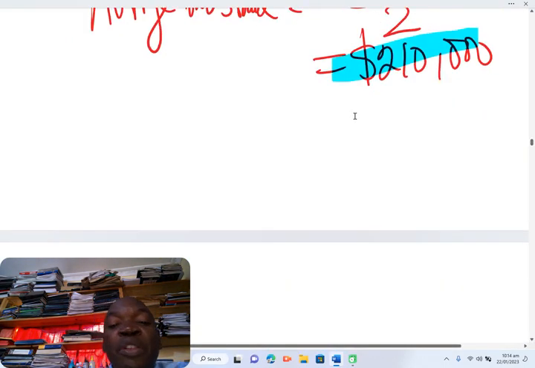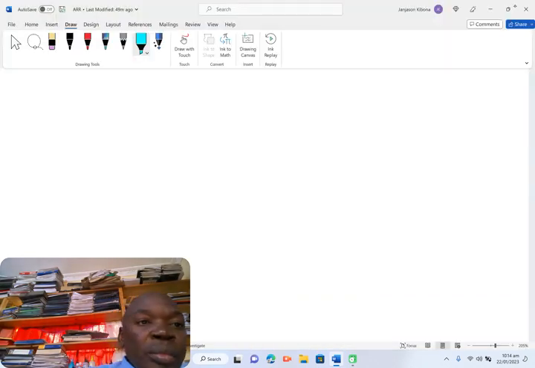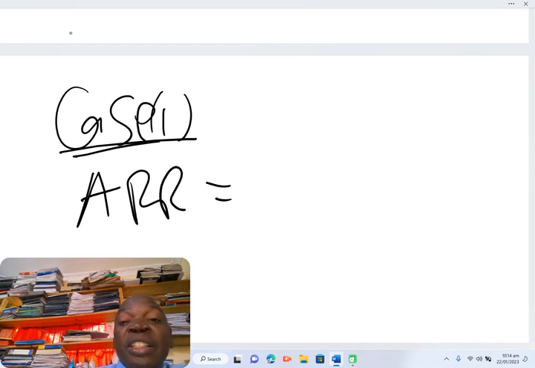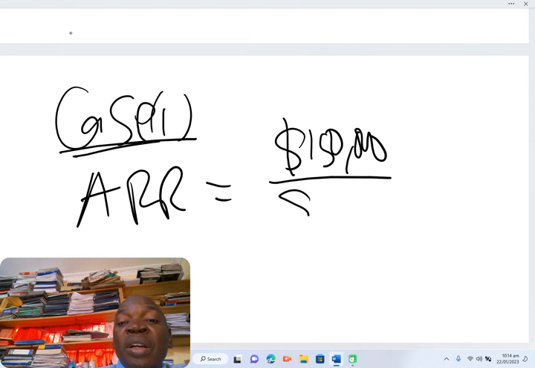So in computing the IRR of this project, using method 1, case 1, we can say IRR is equal to $150 over $420 times 100.